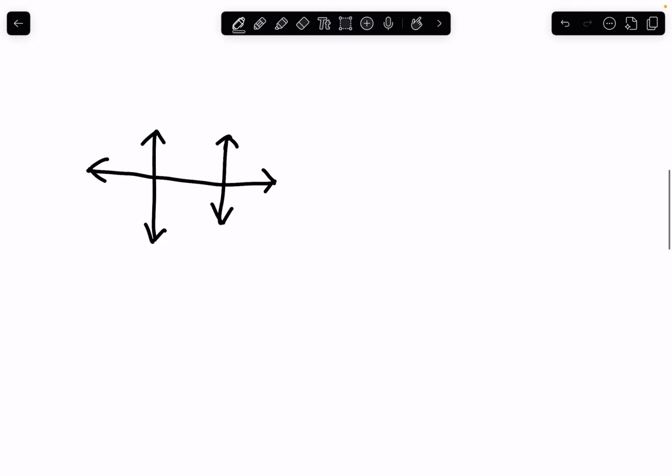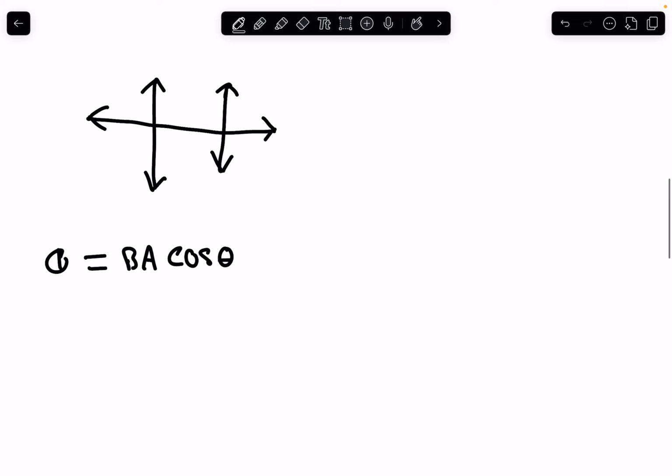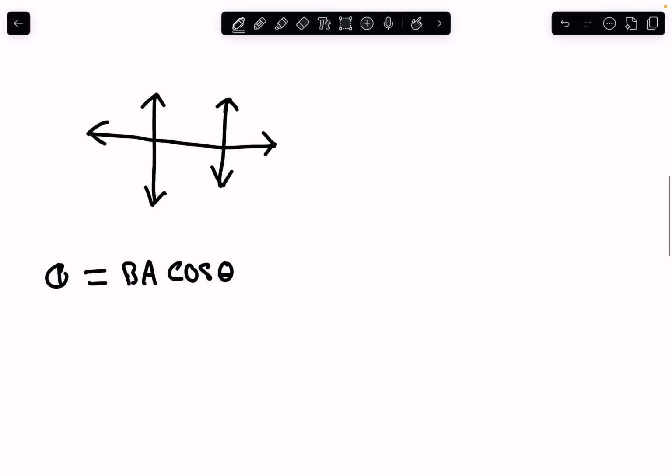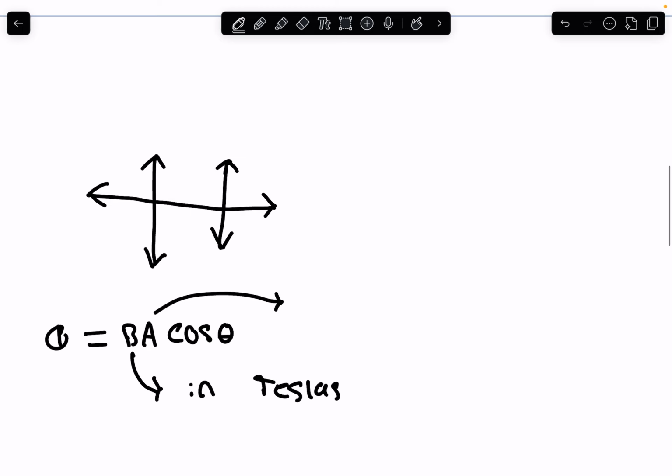But first, we must define something important known as magnetic flux density. The magnetic flux density is the total magnetic field B, which we know in Teslas, in a given area, given in meters squared.